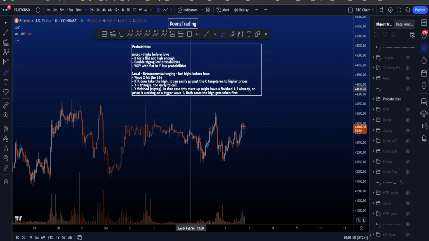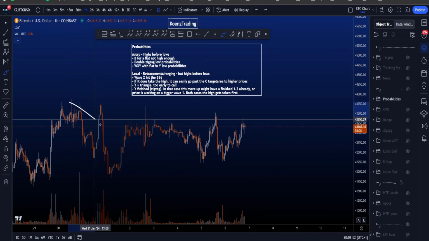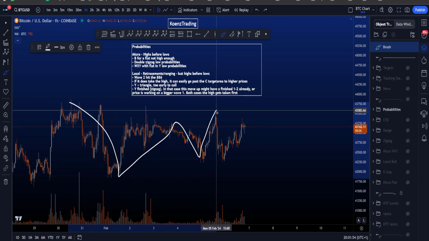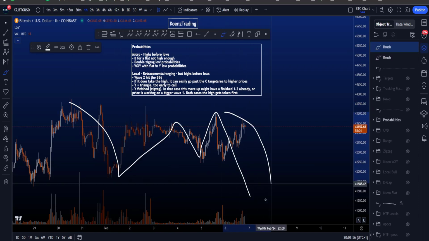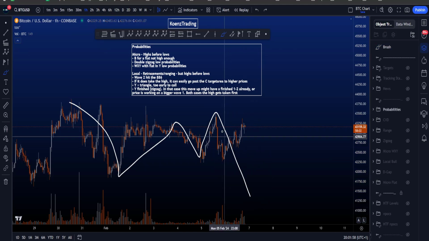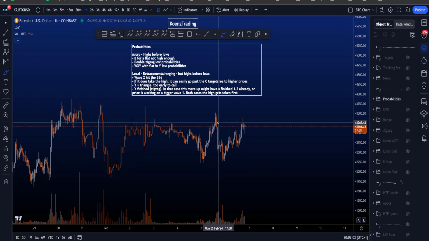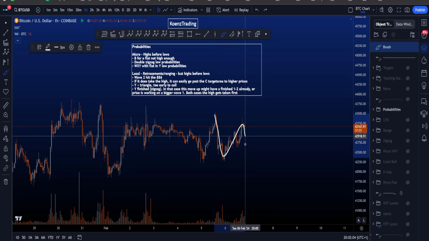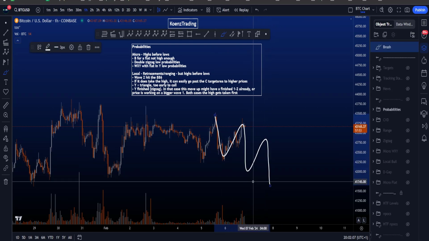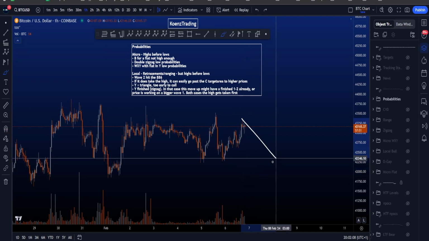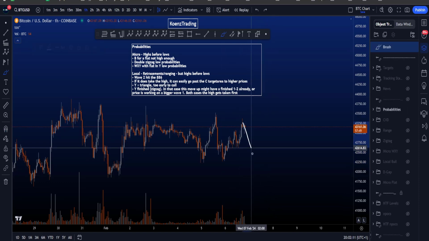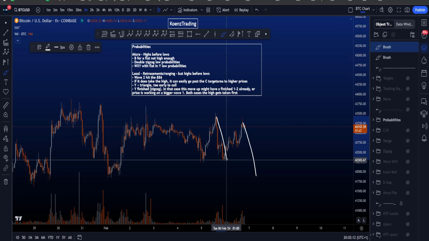And if we then look at a WXY with a flat in wave Y, we're looking for a WX and then this as a flat in wave Y, where we're looking for an impulsive structure to the downside. But because of the three wavy nature of this move down over here, the only option you really have is a diagonal in a 1, 2, 3, 4, 5. However, a contracting diagonal is by far most common, meaning that wave 3 is shorter than wave 1.